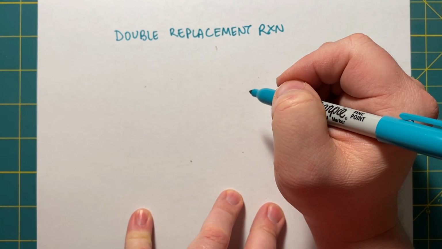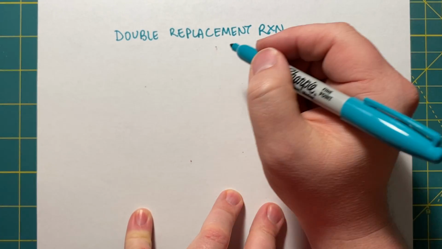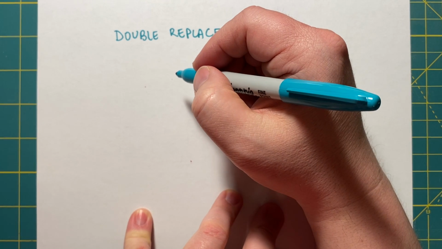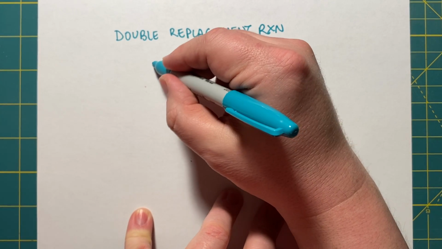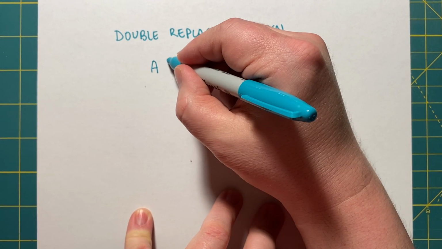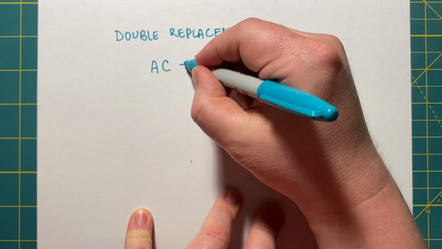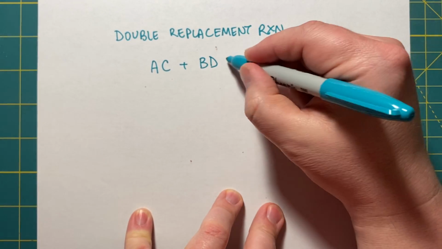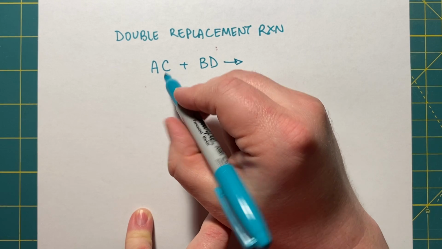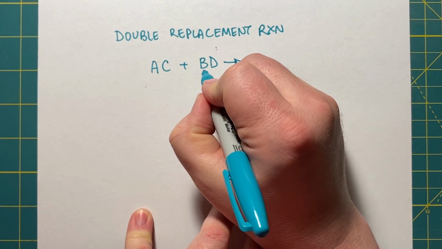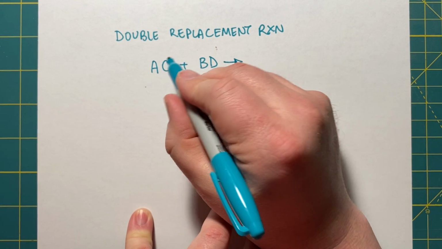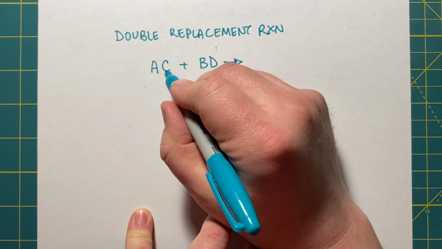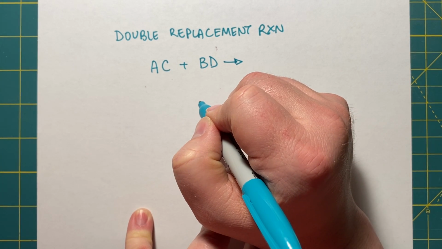The basic form of a double replacement reaction is often two ionic compounds, and I like to have the basic form of AC plus BD, where the cations in these ionic compounds are just swapping anion partners.